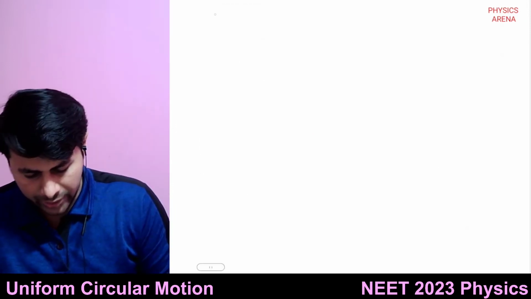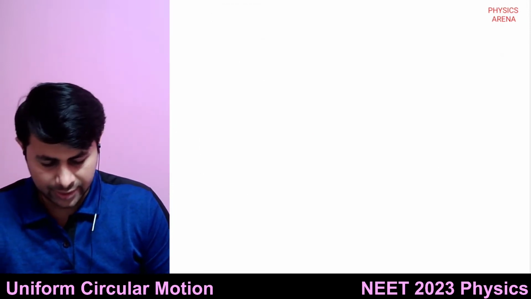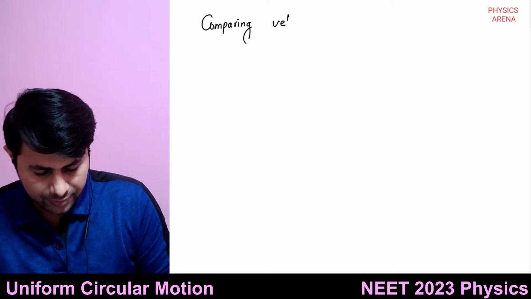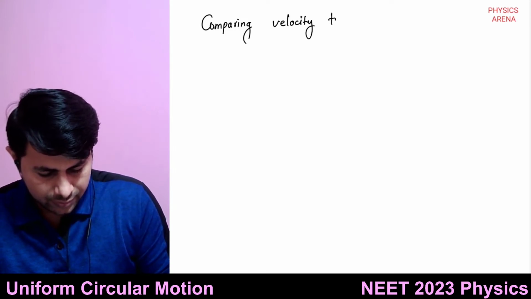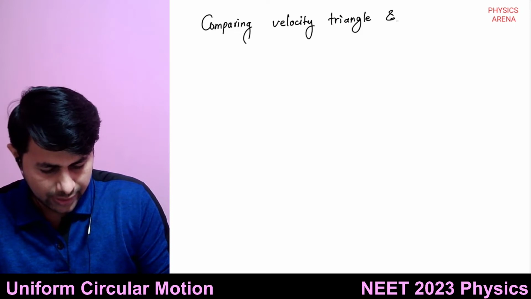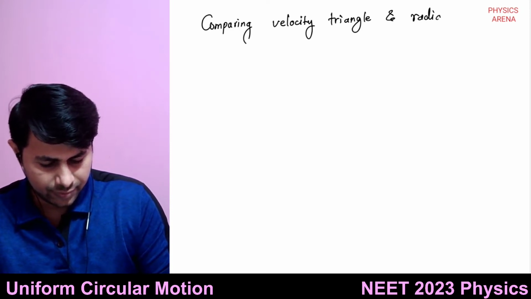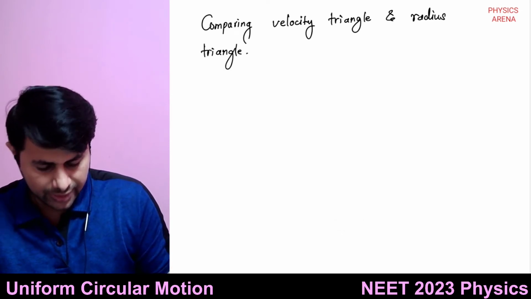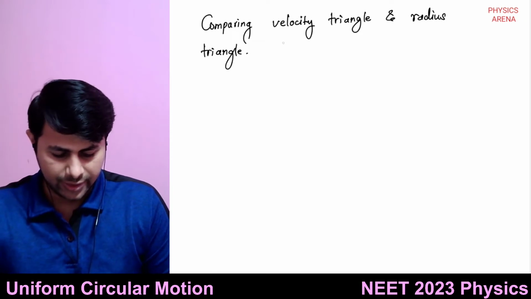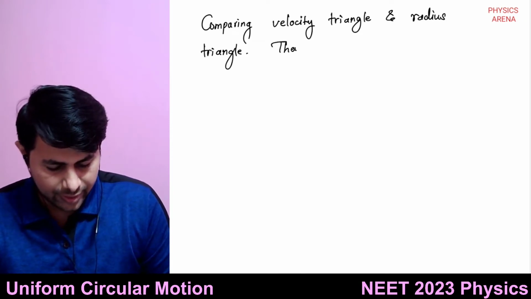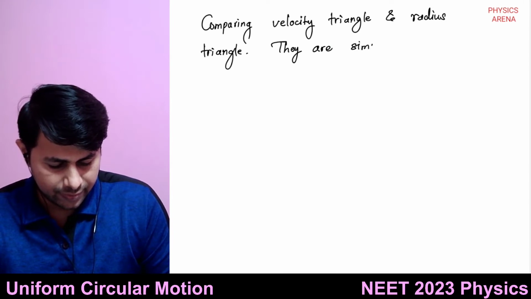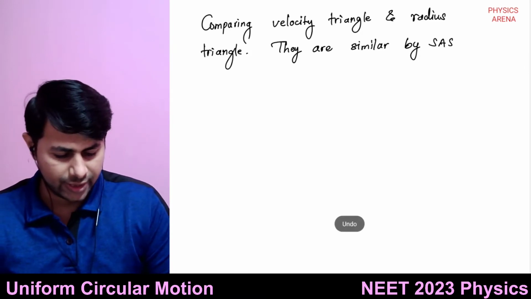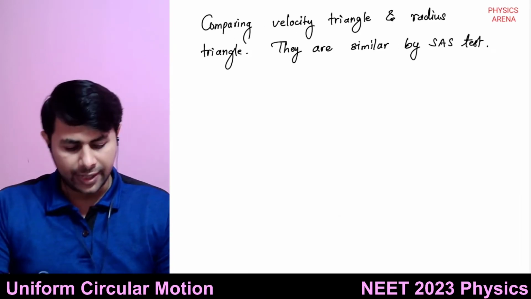Comparing the velocity triangle and the radius triangle, they are similar by the side-angle-side test.